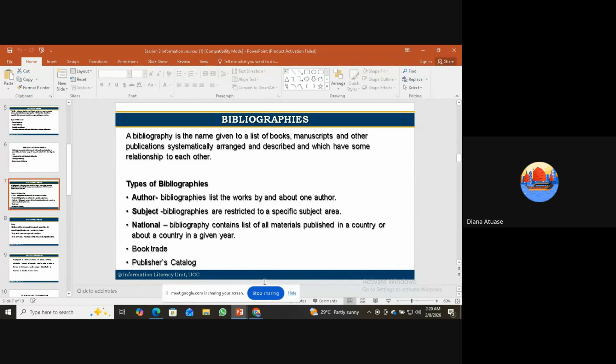There's a book that compiles all the publications that you have done, and that is the bibliography. So it is a compilation of publications by authors. It can also be by authors on specific subjects. So they are just compilations of materials.